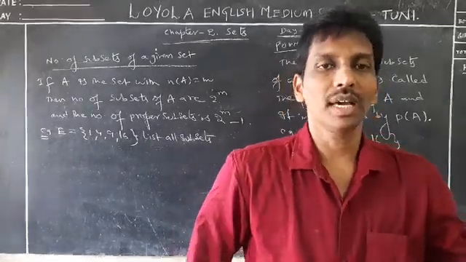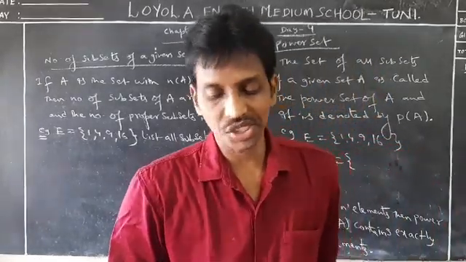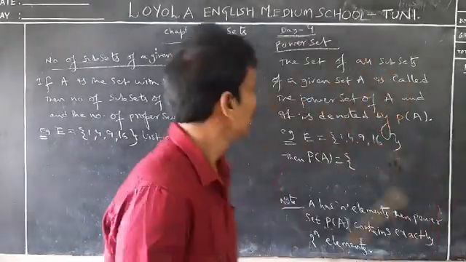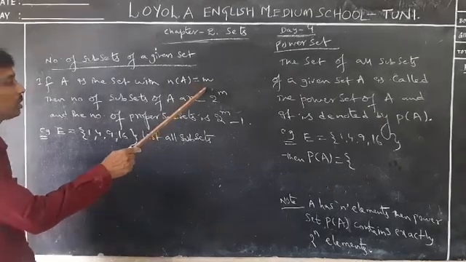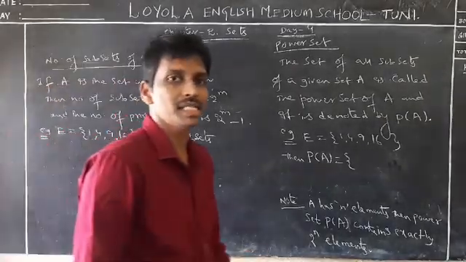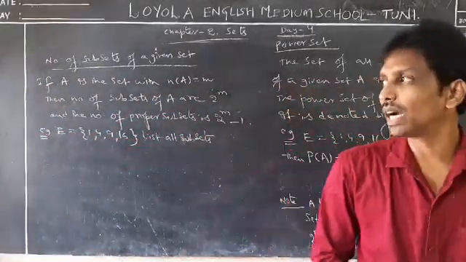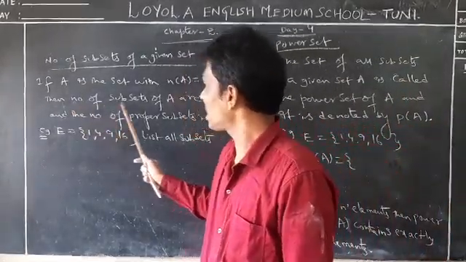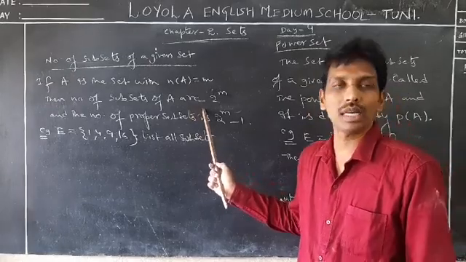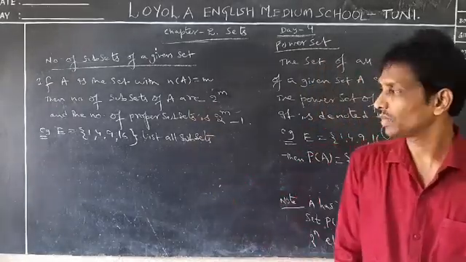Let us go through the first one, number of subsets of a given set. If A is a set with n(A) = m, that means there is a set A consisting of m elements, then the number of subsets of A is 2 power m.